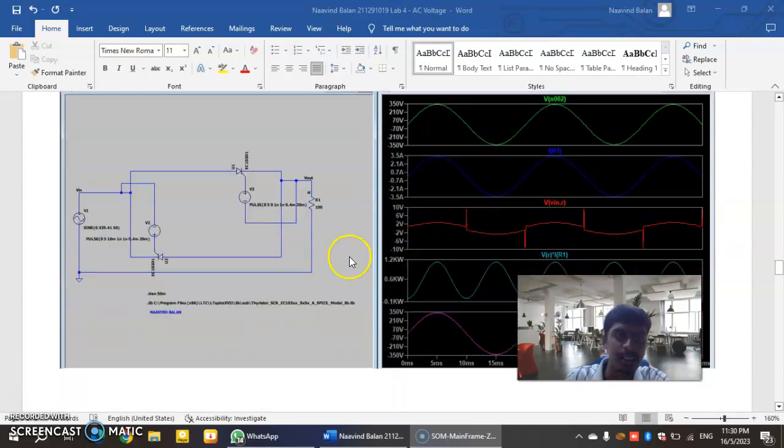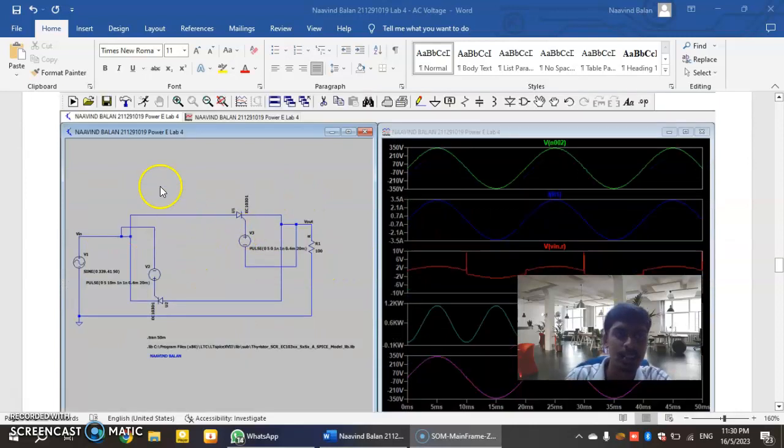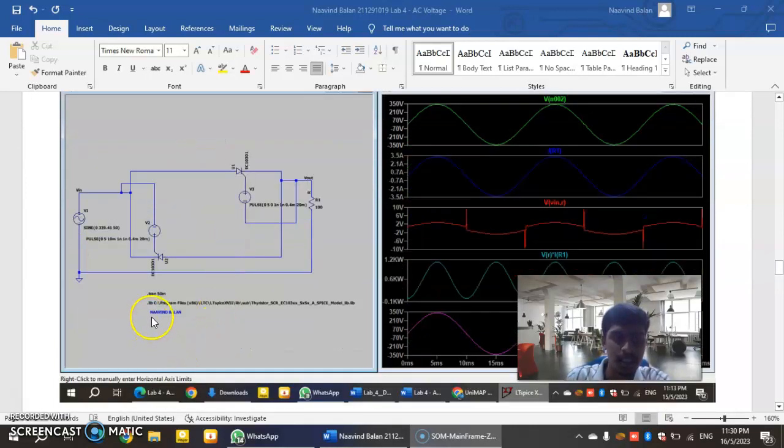So this is the circuit I built. From here I will explain. I'm using an AC sine wave to supply a sine waveform, and then I'm using the SCR.